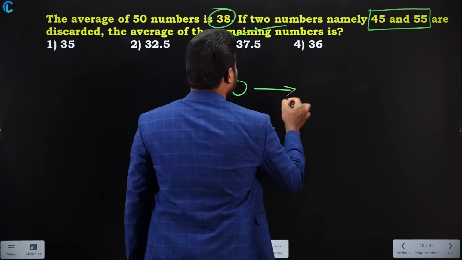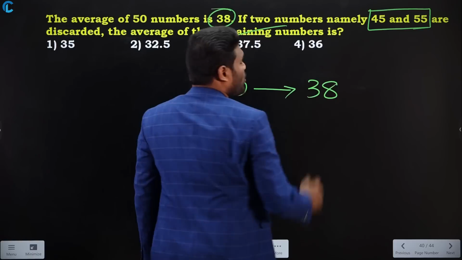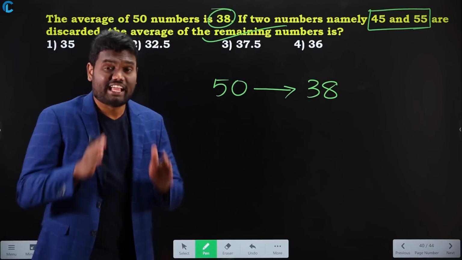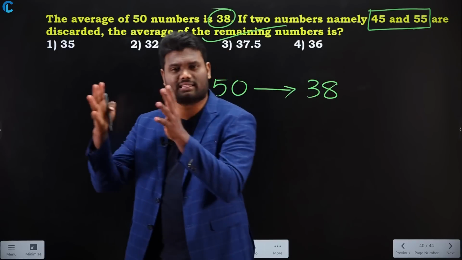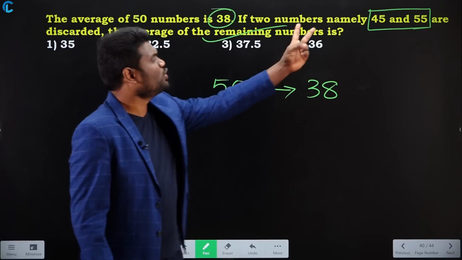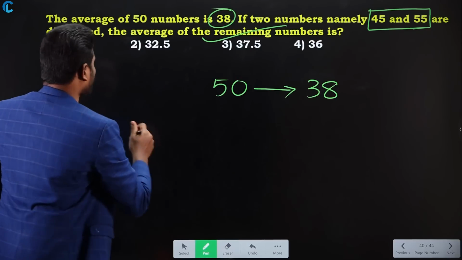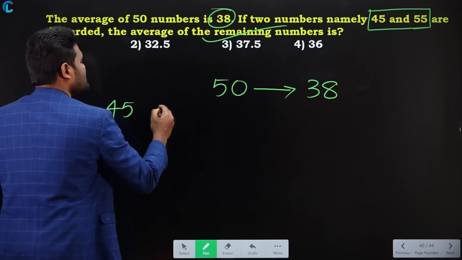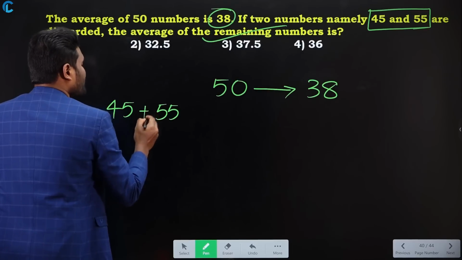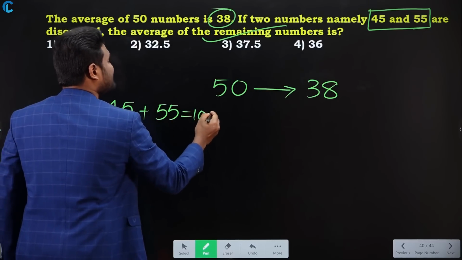For these 50 numbers, average is how much? 38. When I say average is 38, each and every number should be 38, 38, 38. But what is the question saying? 2 numbers are discarded. What are those 2 numbers? One is 45 and the other is 55. If you look here, 45 plus 55 is 100.